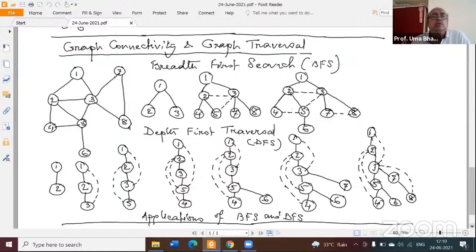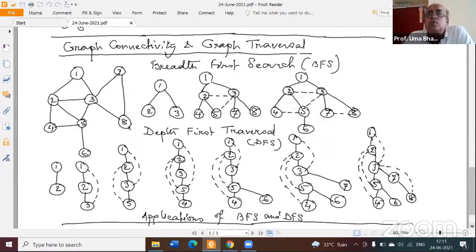From 2, I have 3, 4, 5, because only the marked nodes are now 1 and 2. Everything else is unmarked. From 2, I can see 3, 4, 5. I can take any one of them. So I take 3. Come to 3.